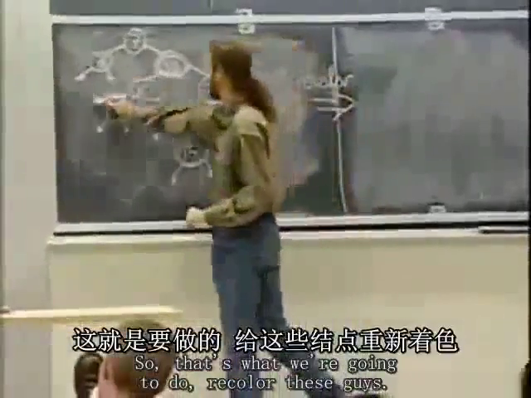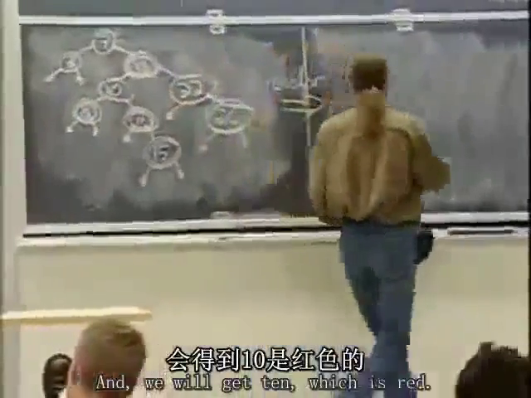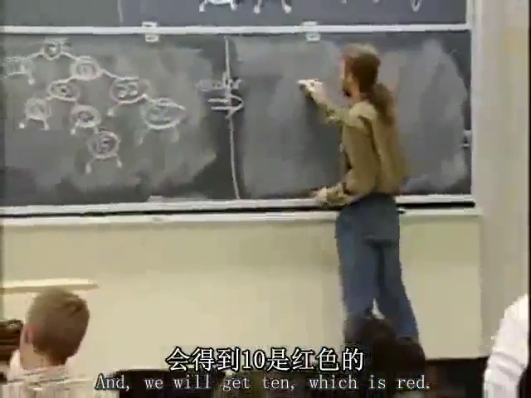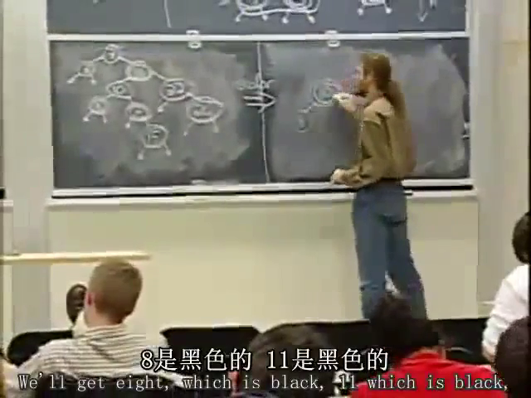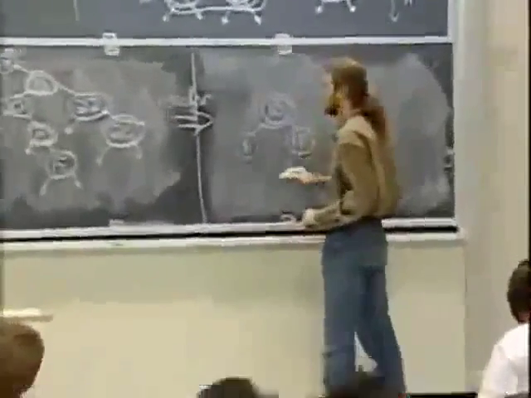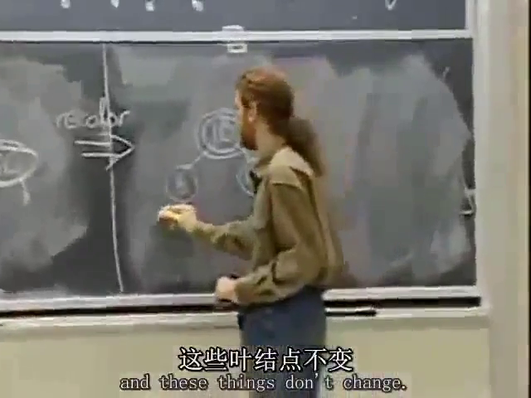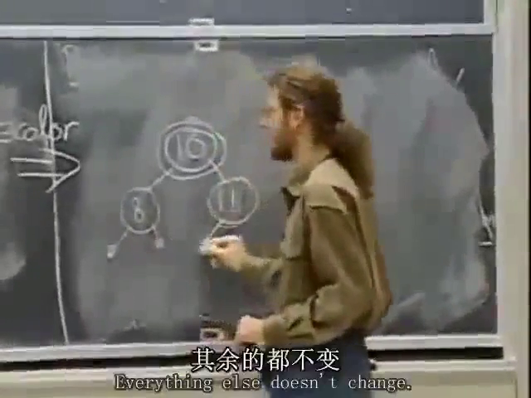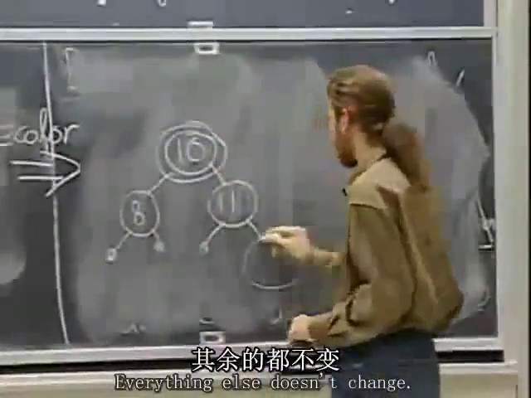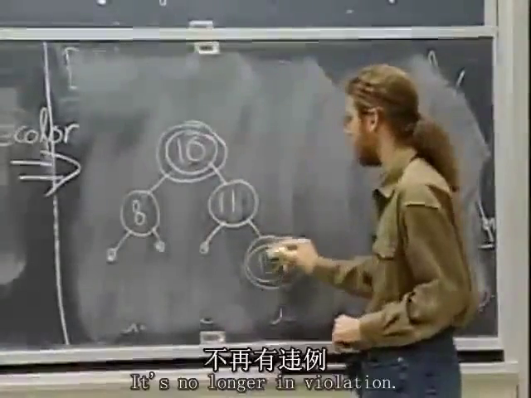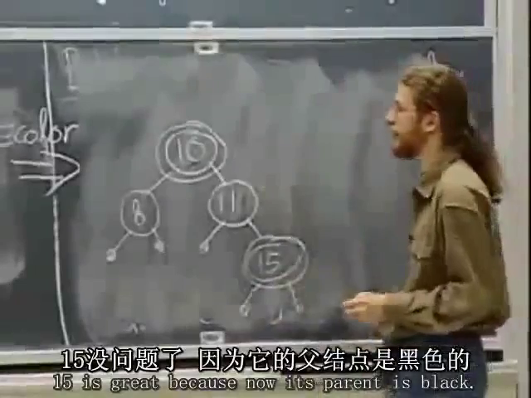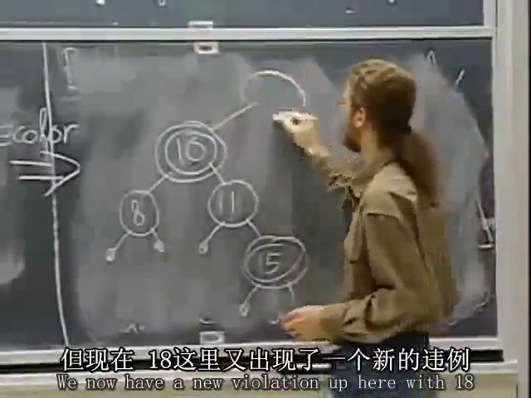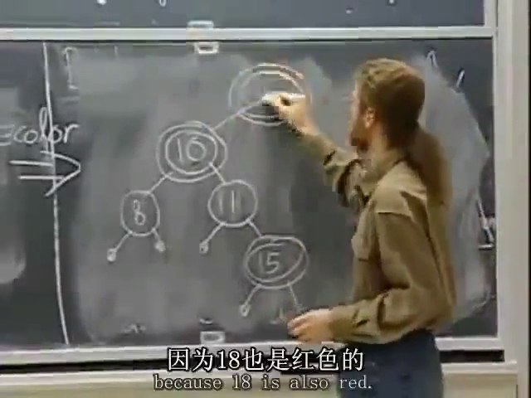Recolor these guys. And we'll get 10, which is red. We'll get 8, which is black. 11, which is black. And these things don't change. Everything else doesn't change. We're going to leave 15 red. It's no longer in violation. 15 is great, because now its parent is black. We now have a new violation up here with 18, because 18 is also red.